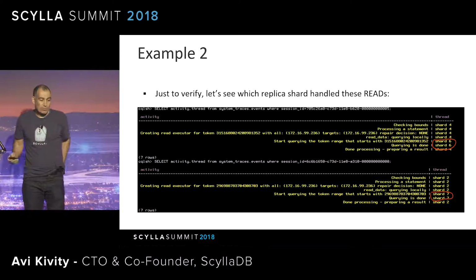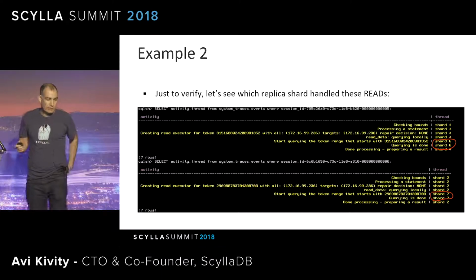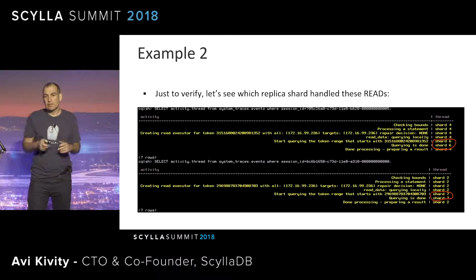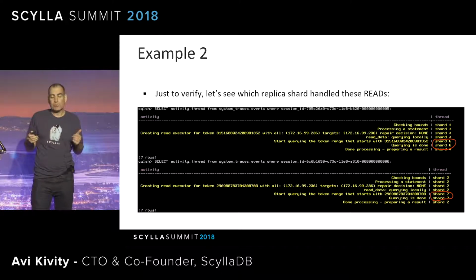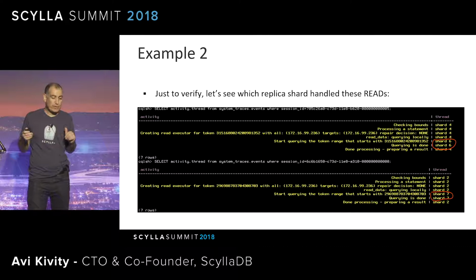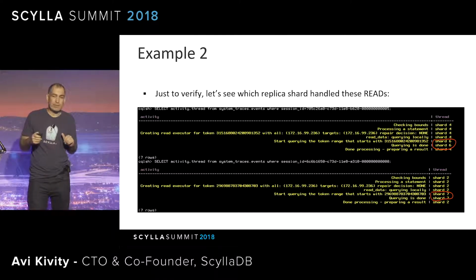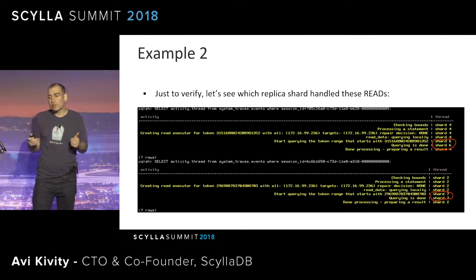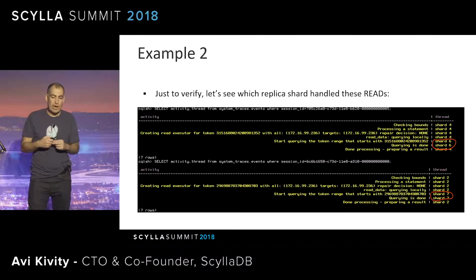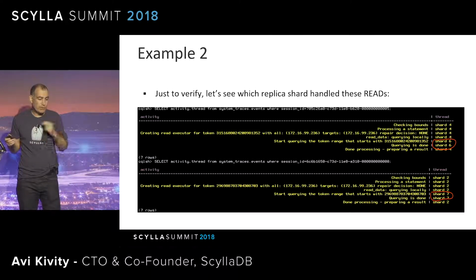And this is how the trace looks. To access a trace, you just execute a normal CQL query on the trace table. And one of the columns is the shard column, which tells you which shard executes a request. And if you follow across many requests, then you will see the pattern that it's just shard 6 and shard 7, which were the ones that were high, executing those requests.